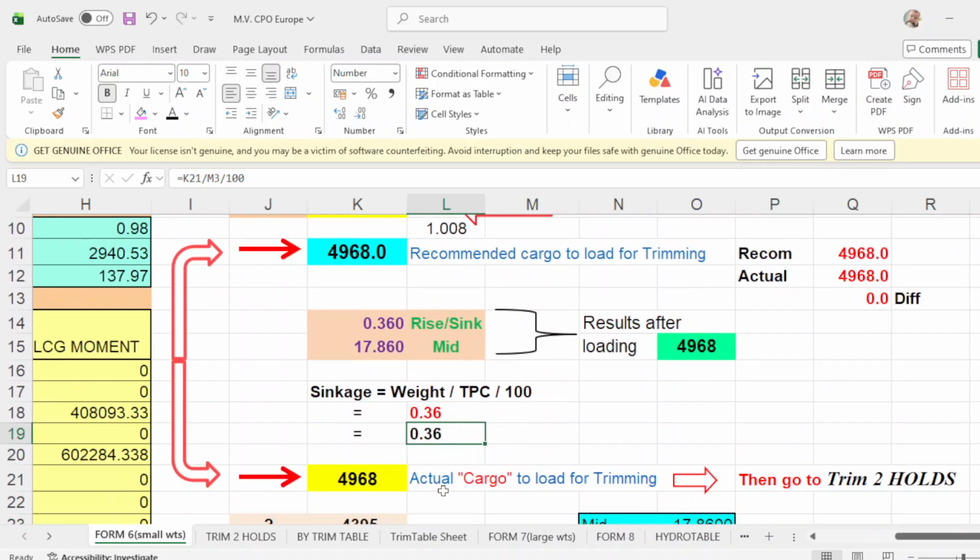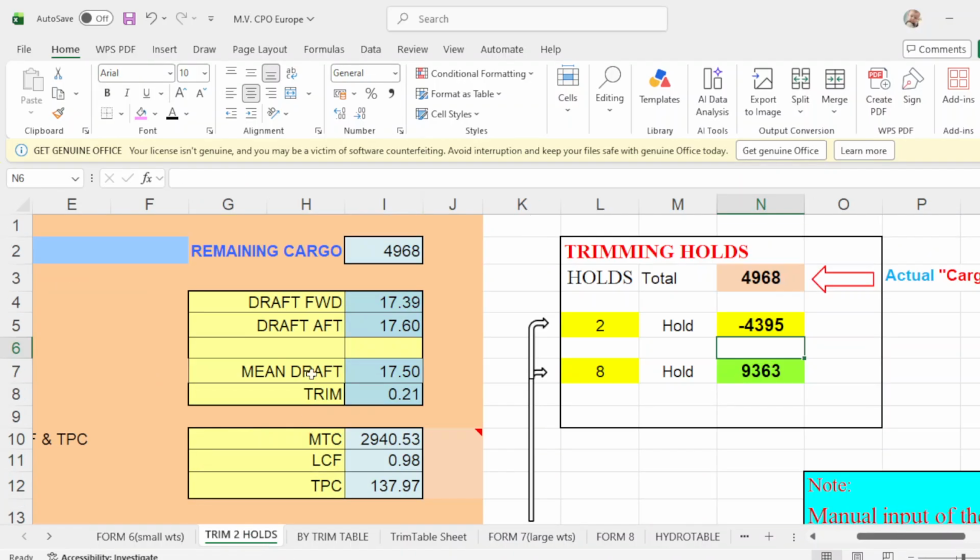Then this is the actual cargo to load for trimming. Then you go to program 2. Take note of the figure of remaining cargo to load, 4968, your initial drop, mean drop, empty, CRCF, and TPC. Your trimming holds are 1 and 9, right?